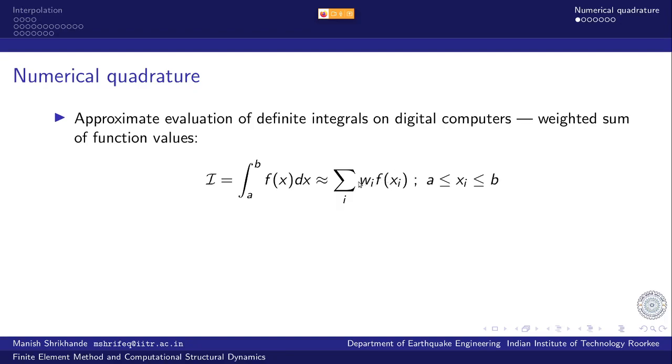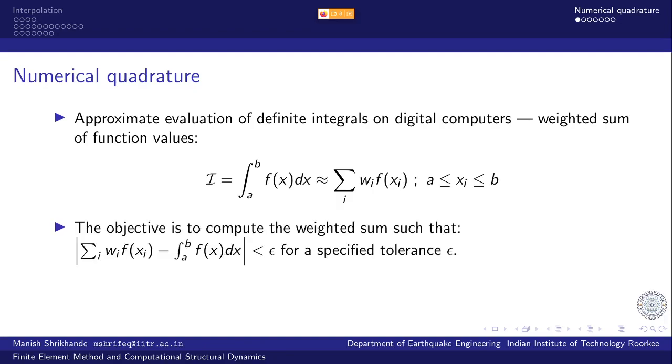Then we just accumulate this weighted sum of function values over all the sampling points xi in the range a to b. You might recall two very common examples which all of you can relate to, and we will see that soon.